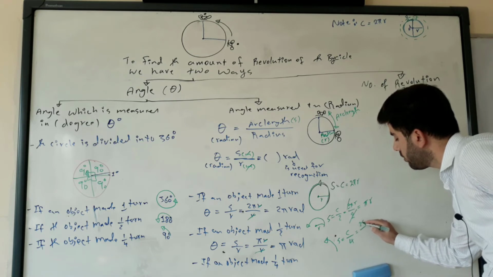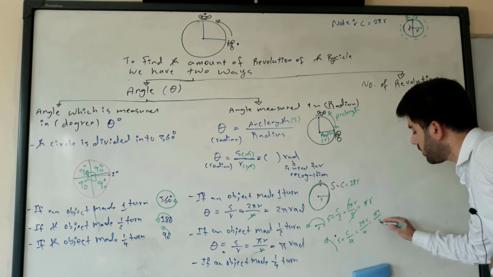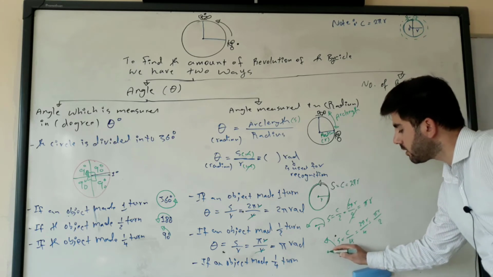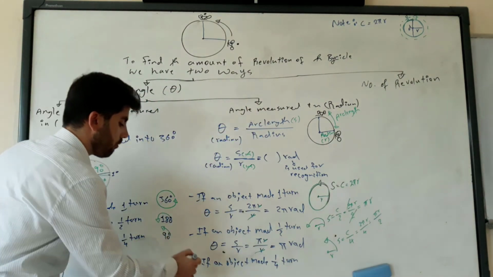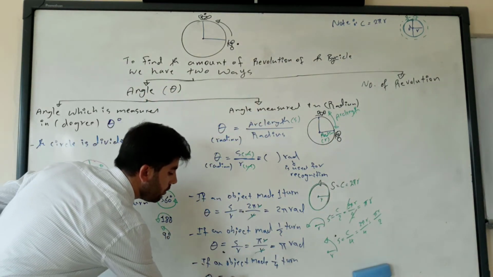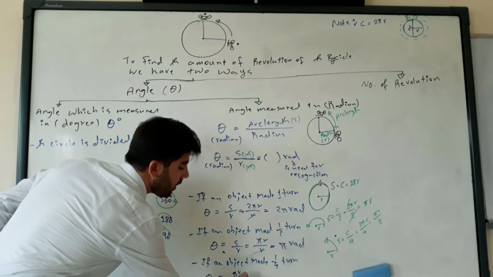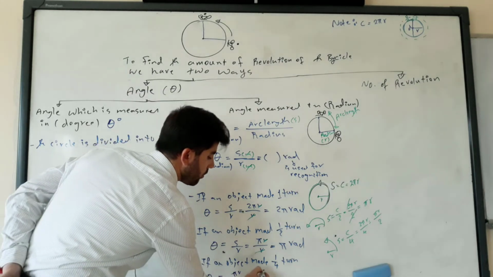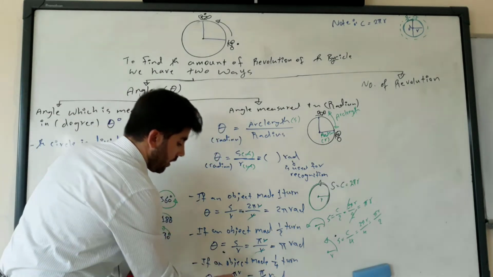So it is equal to 2 pi r divided by 4, and it is equal to pi r divided by 2. And the radius is still the radius, okay? So we can write theta is equal to pi r divided by 2 multiplied by r, and it's equal to pi over 2 rad. R and R get cancelled.